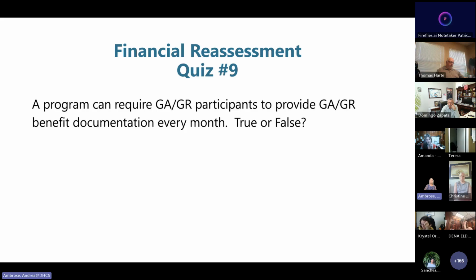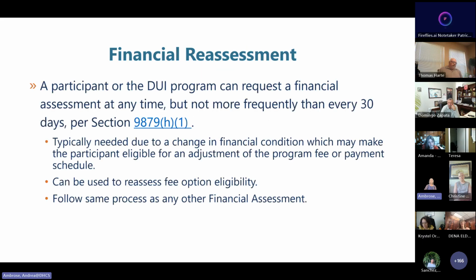And in fact, you can require that they provide their GA benefit documentation every month. Here is the caveat to that. Yes, you as the program can request a financial assessment with the participant at any time, but you cannot do that more frequently than every 30 days.